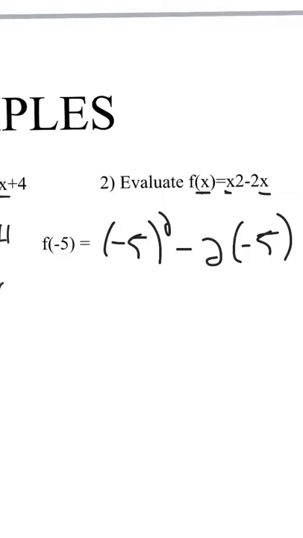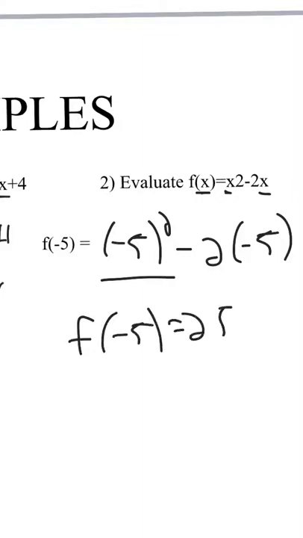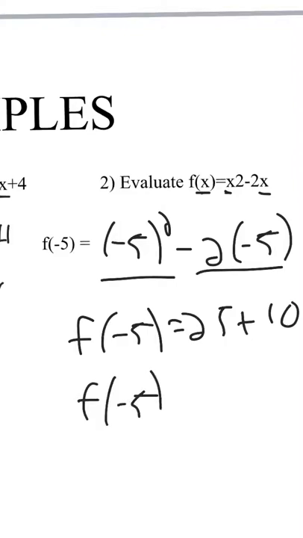With order of operations, we do exponents first. So negative 5 squared is 25. And negative 2 times negative 5 is 10. And 25 plus 10 would be 35. So f of negative 5 would equal 35.